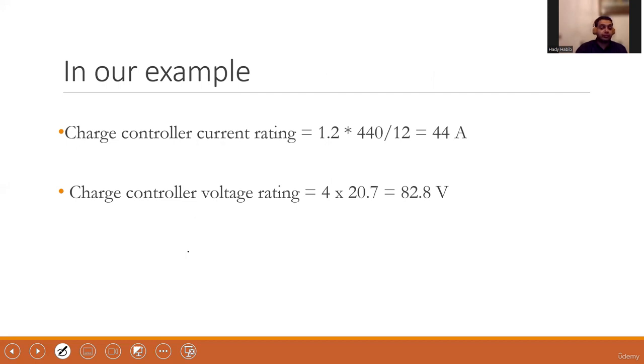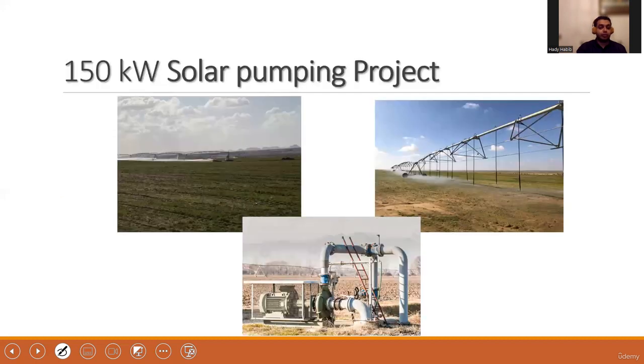It will be 44 ampere. And for the voltage, it will be the open circuit voltage of the array. Since we have 4 modules connected in series, we multiply 4 by the open circuit voltage of the module. It will be 4 multiplied by 20.7, which is 82.8 volts.